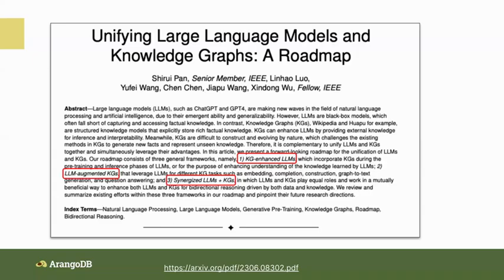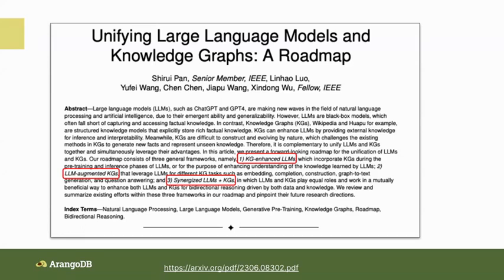I think it describes nicely the roadmap of how LLMs and KGs can interact with each other by splitting it out into 3 topics. KG-enhanced LLMs being the first, where we essentially provide KGs as a knowledge source for training LLMs. Number 2 being LLM-augmented KGs. So how can we leverage the natural language interface of an LLM to read and write KGs?